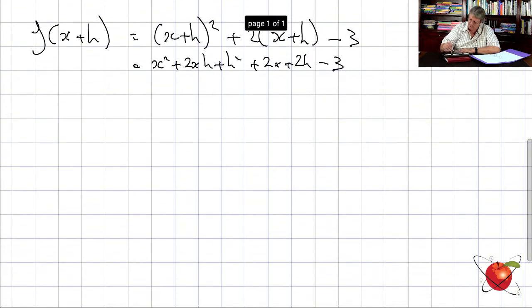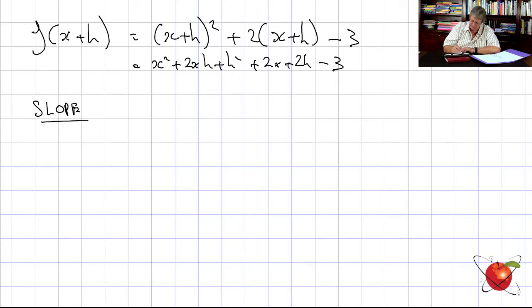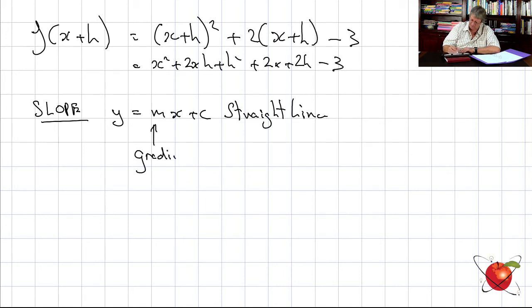Let's recap a couple of other things. Remember slope. The equation of a straight line is y is equal to mx plus c, and m is the gradient, also known as the slope.